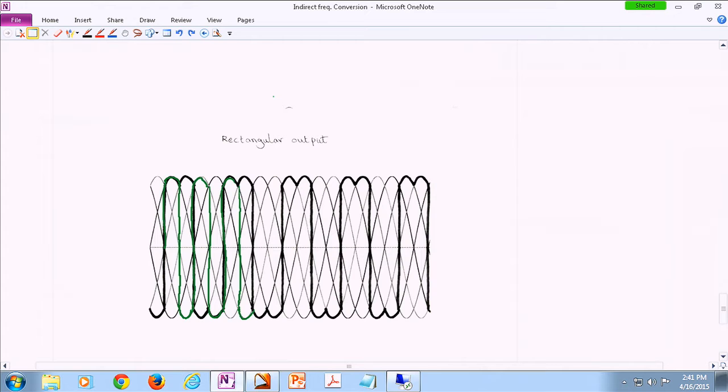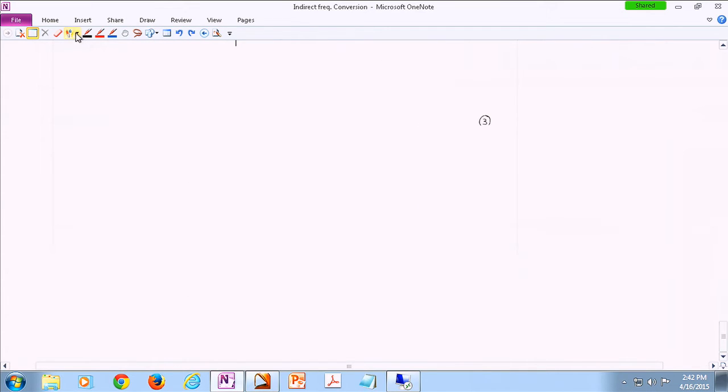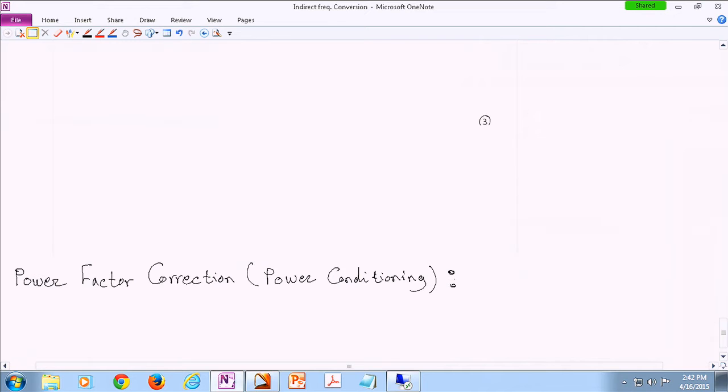And that topic is power factor correction, or in general, power conditioning. So it's abbreviated as PFC, basically.